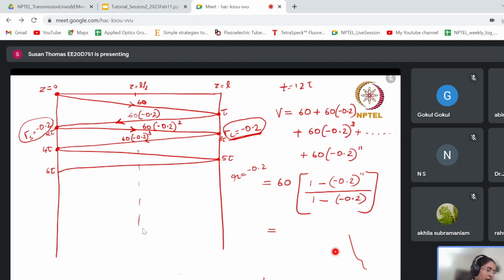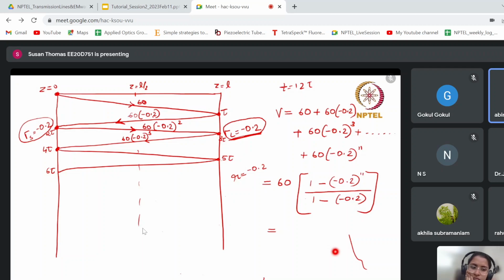Excuse me, ma'am. Yeah, please. Ma'am, for 100 tau, how do we calculate, ma'am? From the assignment, the time is 100 tau, but the reflection coefficients tau L and tau S are totally different. But here tau L and tau S are the same, so we have to use the GP formula.